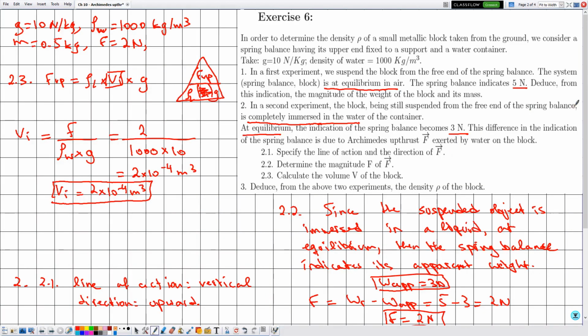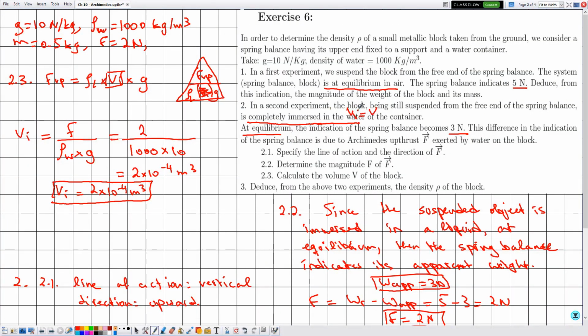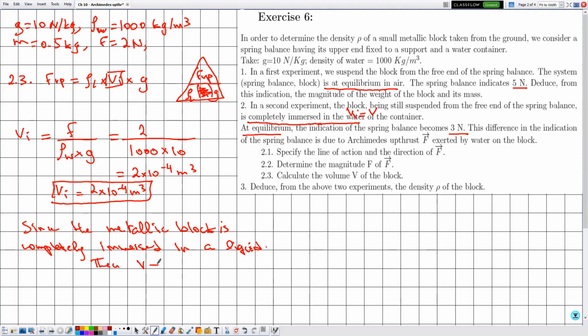Knowing that it is completely immersed in water, in this case Vi is equal to V. Let's say since the solid, which is the metallic block, is completely immersed in a liquid, then V is equal to Vi is equal to 2 times 10 to the power minus 4 meter cube.